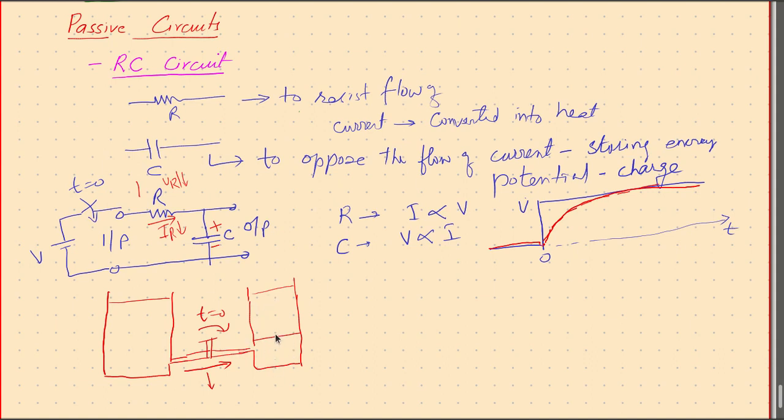Now, who all are going to contribute to the speed with which it is rising? One is the width of the pipe. The smaller the width, the slower the water flow, so slower will be the rise in the height. So that is something to do with the resistance. The second thing is the capacity of the tank.